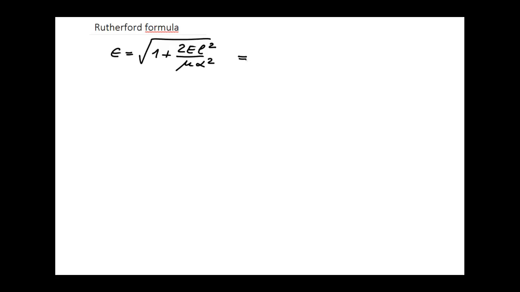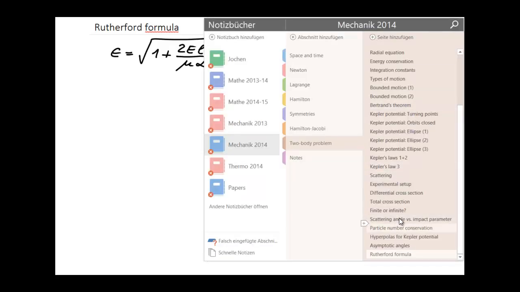But then early on, when we introduced the setup for the scattering experiment, we had also found a relationship between angular momentum and impact parameter. Let me just flip back to that page.